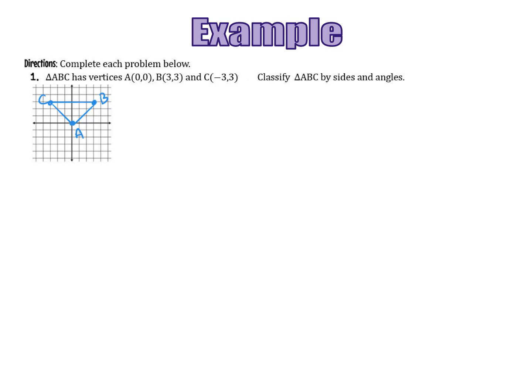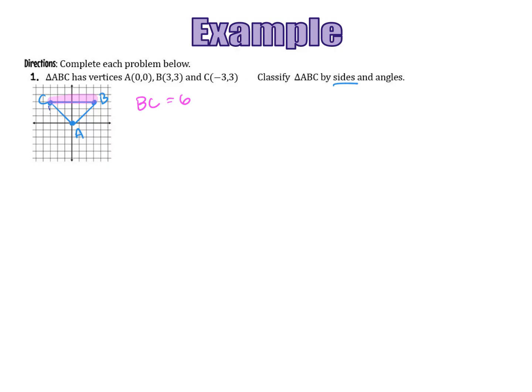In order to classify by sides and by angles, we need to figure out what the length of each of these sides is. So if we look at the length of BC, we can actually just count to find that length. So BC is 1, 2, 3, 4, 5, 6. BC is 6.